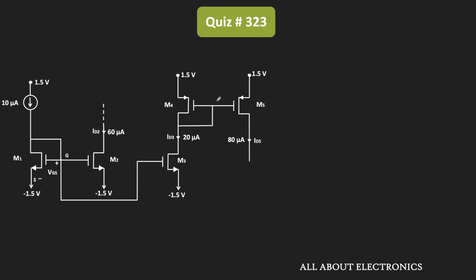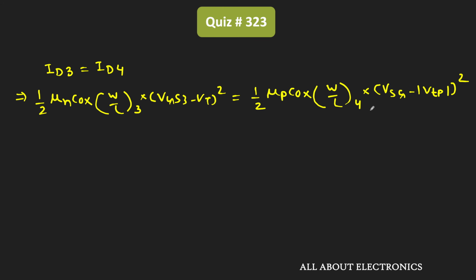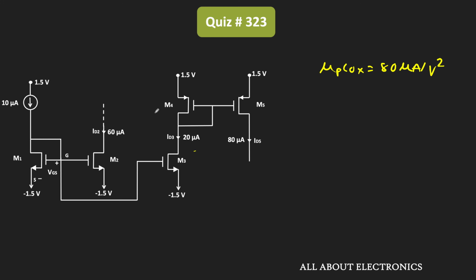But here, this mu p times Cox is equal to 80 microampere per volt square. That means for the fourth MOSFET, the width will be different. Moreover, we also need to find the value of this VSG minus VT or the overdrive voltage for this fourth and the fifth transistor. So first of all, let us find the overdrive voltage for these MOSFETs.